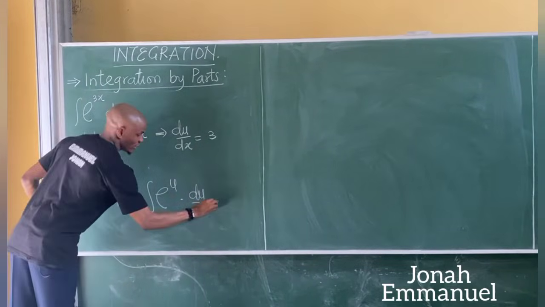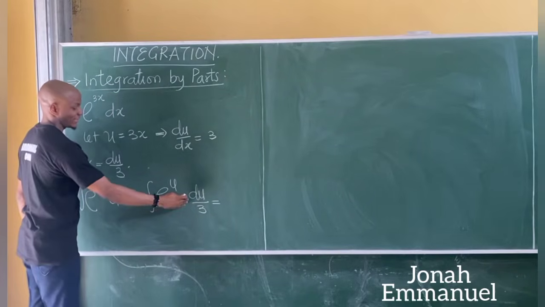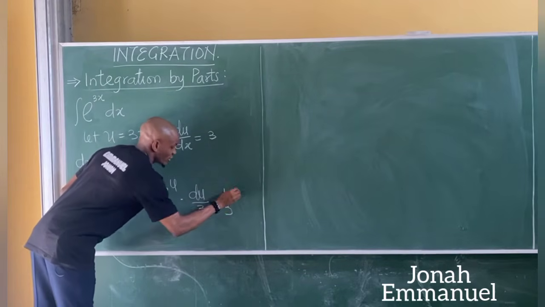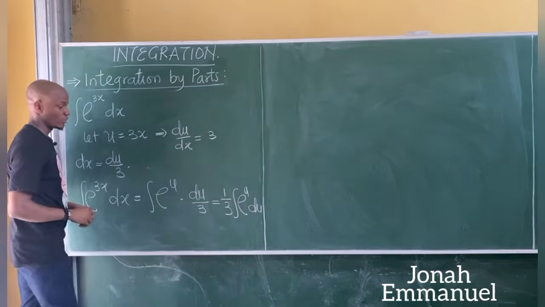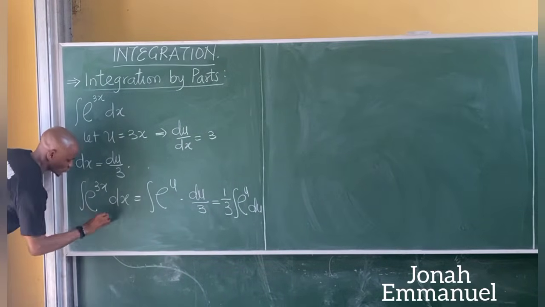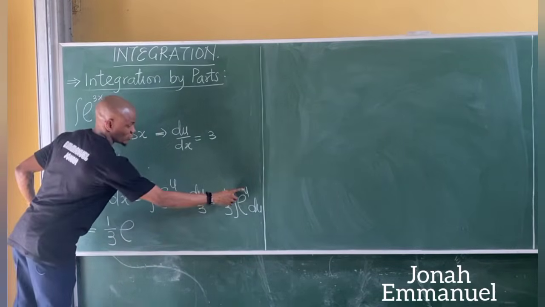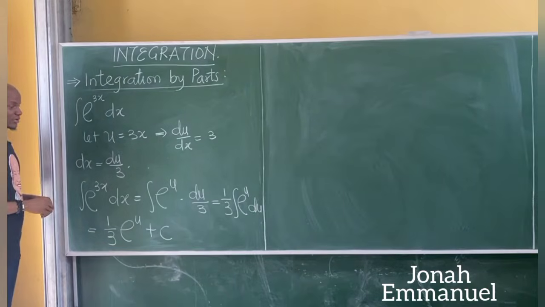From here now, my constant term here is 1 over 3. So take the constant term outside the integral sign, becomes 1 over 3 integral exponential u du. Alright, so this now becomes equal to 1 all over 3. If I integrate exponential u du, I'll have exponential u plus c.